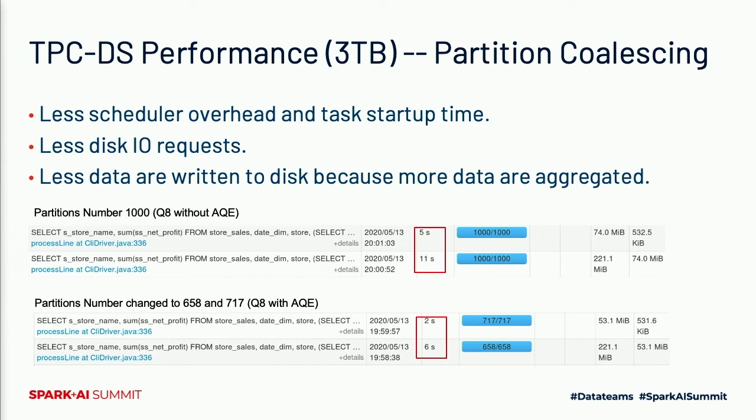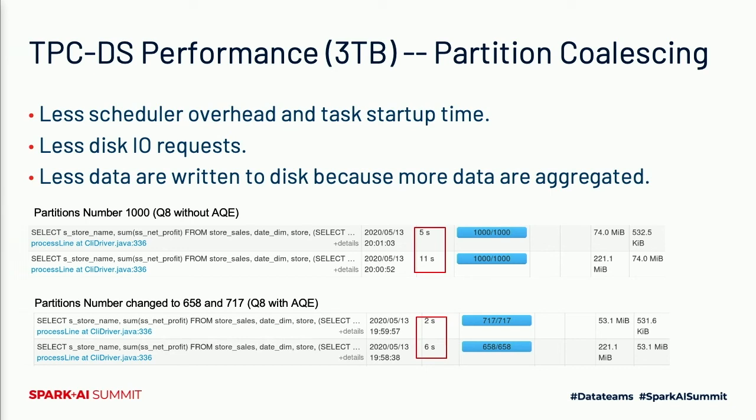And it also means there will be fewer disk I/O requests because we combine the continuous partitions into one single request. And we also observed that the data shuffle written to disk is also less after the aggregation. So in this case, we get the performance improvement by dynamically coalescing shuffle partitions.